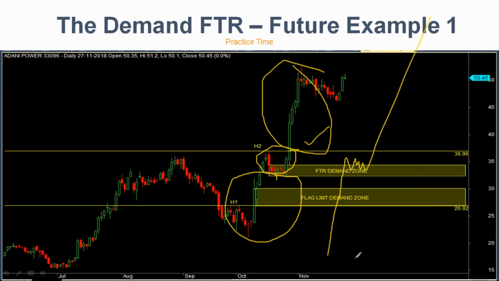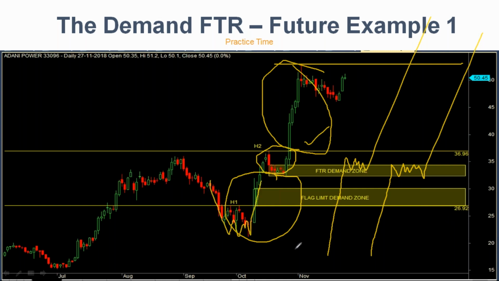Ultimately, everything is the same. H1 markup, reaccumulation, markup. Suppose the high breaks again, go to the next FTR, escalator. In a higher time frame, it is drop base rally.